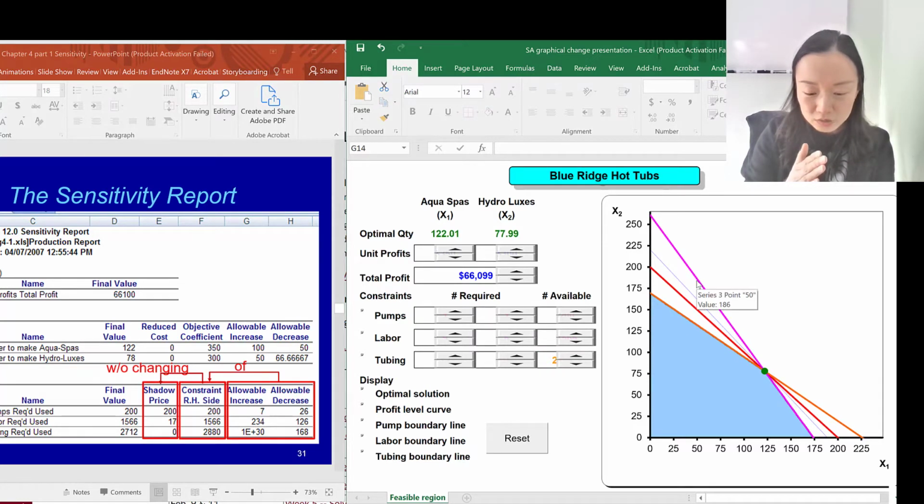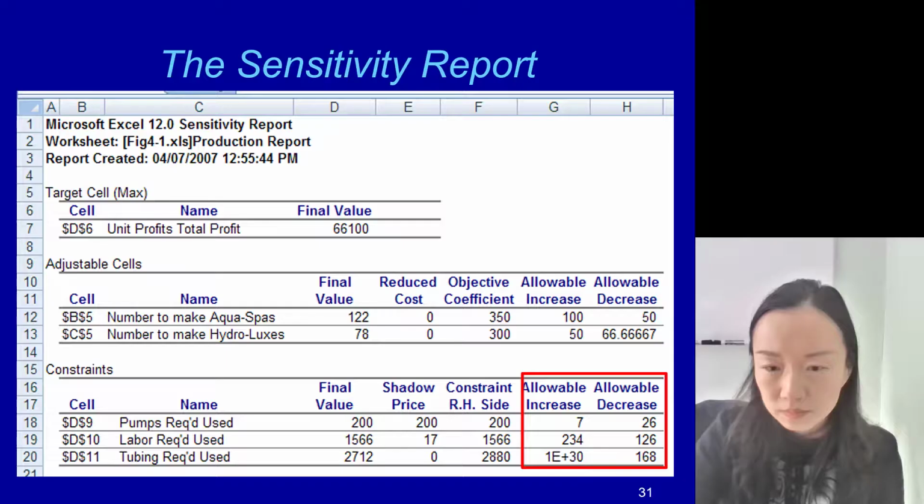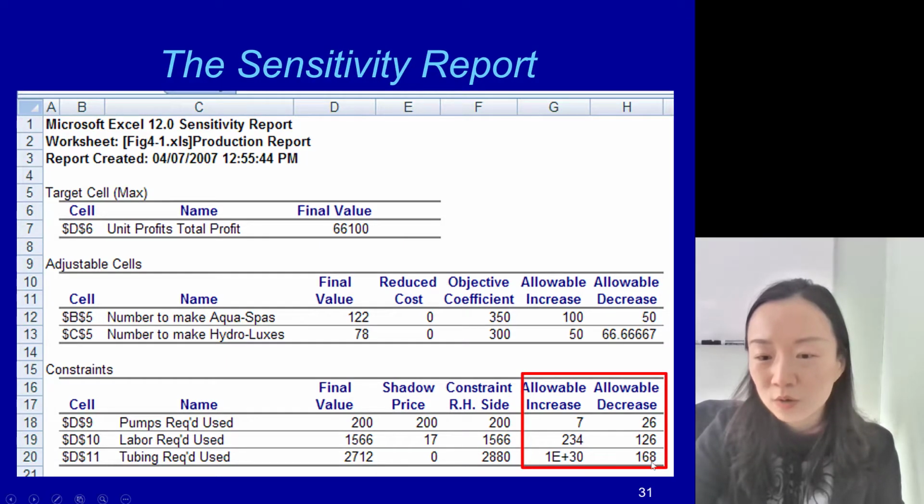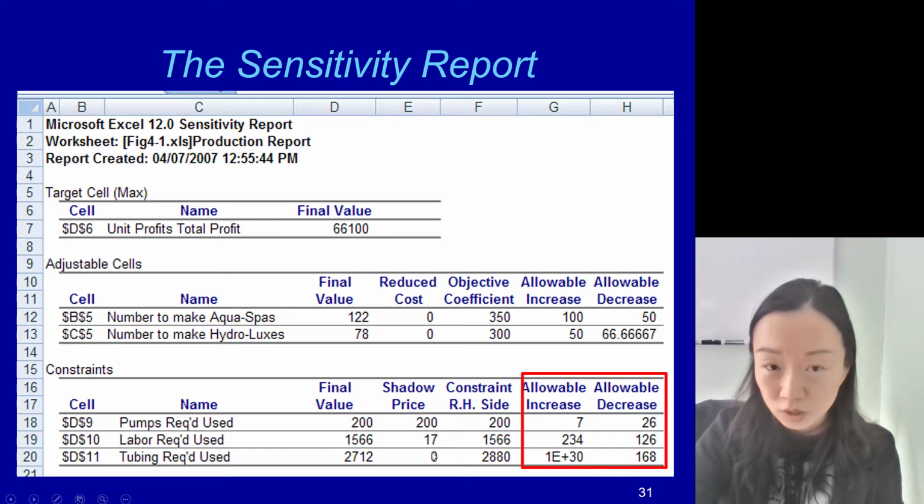So the red line has already moved out of the feasible region. And now this third constraint, this orange line, becomes a binding constraint, while the red line no longer is binding. Actually, it becomes redundant. So this allowable decrease for this third constraint is for this shadow price to hold.